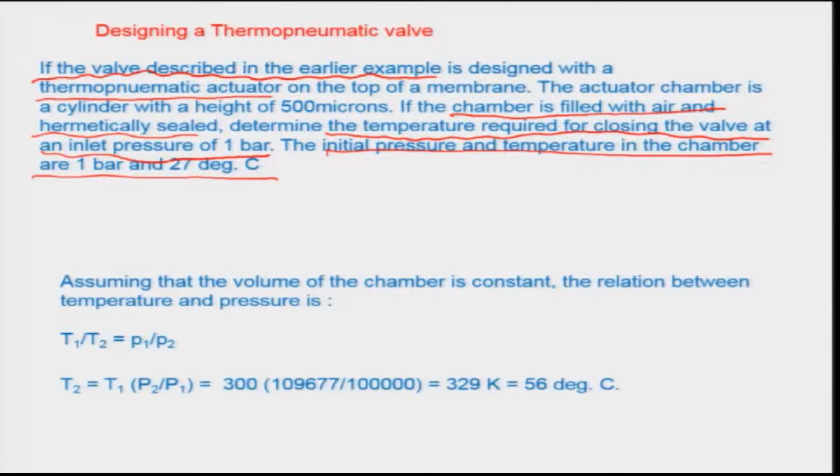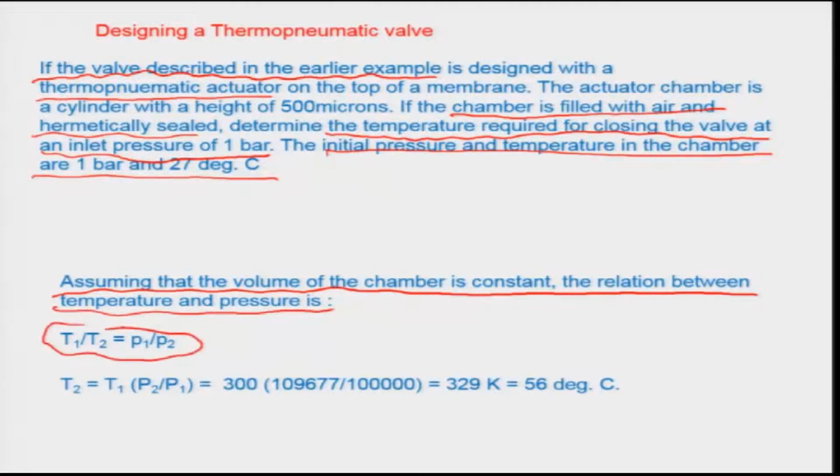So, assuming that the chamber volume is constant, the relation between temperature and pressure, if it is hermetically sealed and there is no heat inlet or outlet to the chamber except the heater which delivers the heat inside the chamber itself.